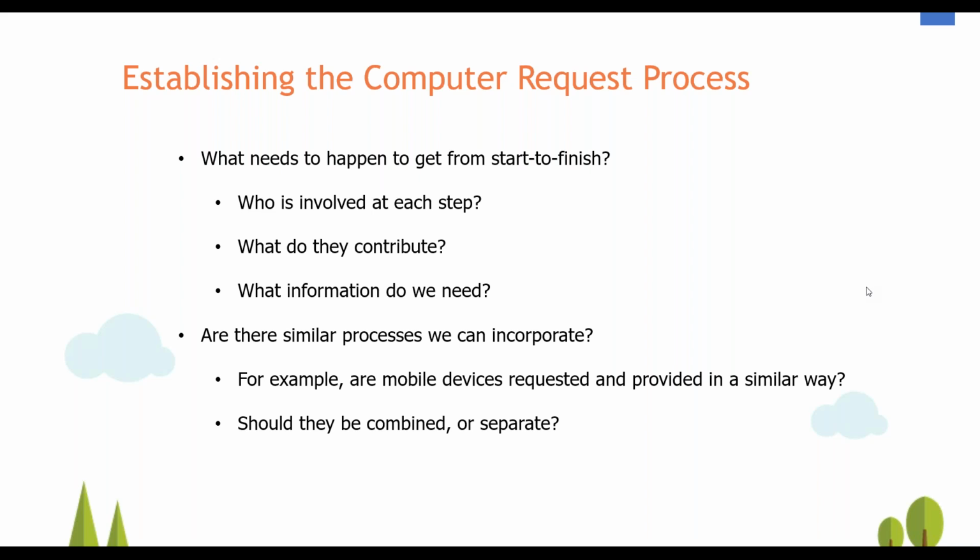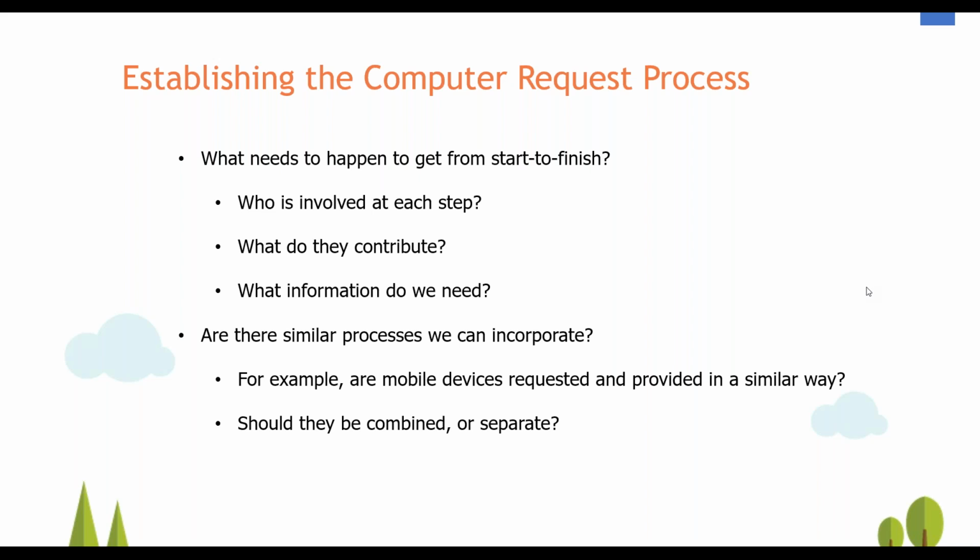Another thing to consider with each of these processes is, are there similar processes we can incorporate? So for example, if we sit down in a room and talk through with all the different stakeholders our computer request process, well, what about mobile devices? We have to order and distribute those as well.